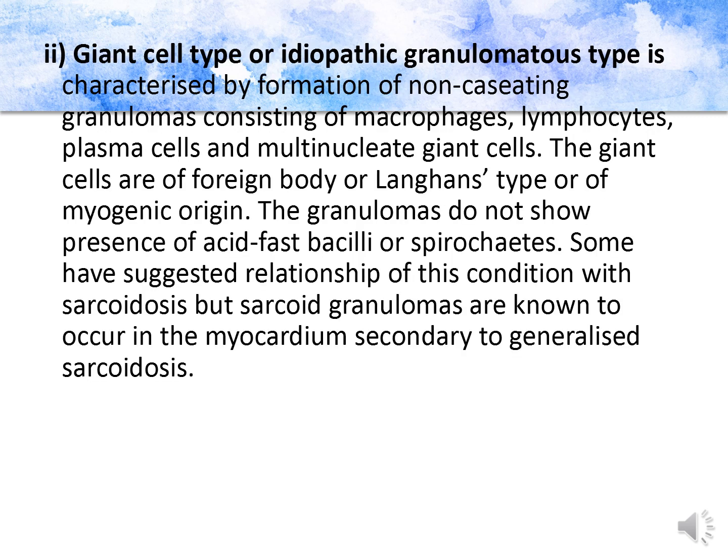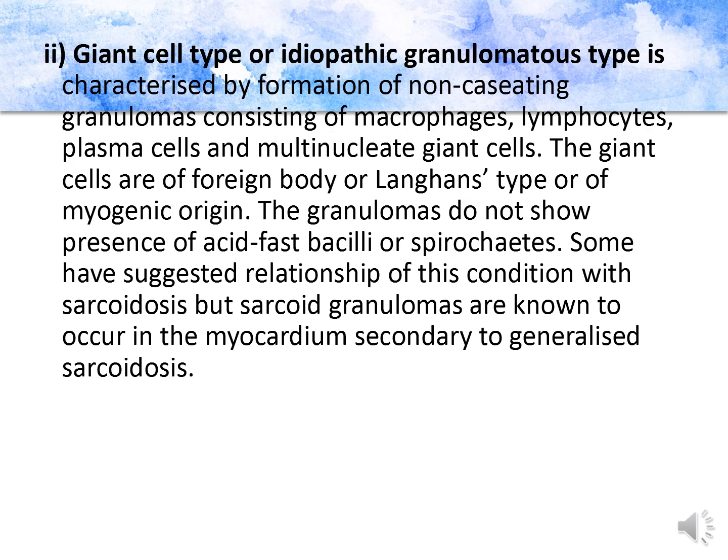Giant cell type or idiopathic granulomatous type is characterized by formation of non-caseating granulomas, so it is not like granulomas in case of tuberculosis. Such granulomas consist of macrophages, lymphocytes, plasma cells, and multinucleate giant cells.